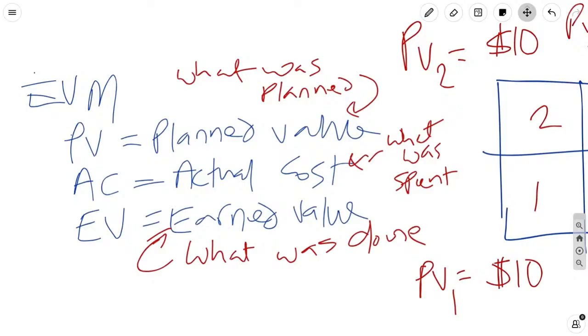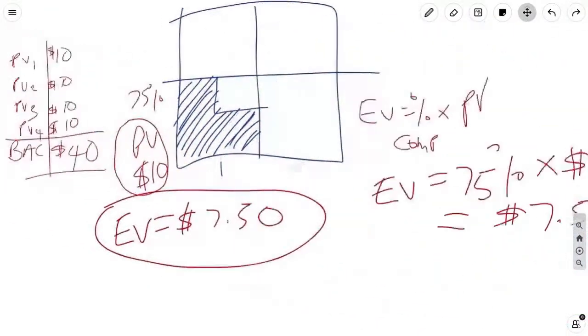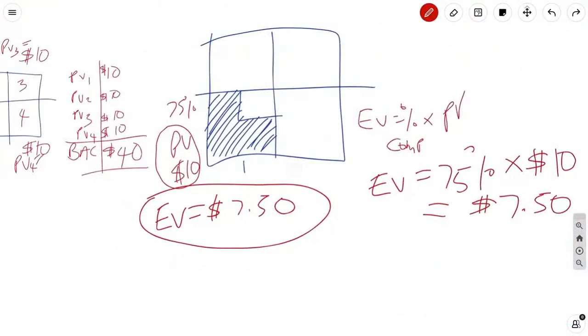Now, if it's not given to you in the question, there is a way of you working it out based on whatever variables you're given. But for the sake of this illustration, assume the question gives you the actual cost. And it says, at the end of day one, you have spent $12.